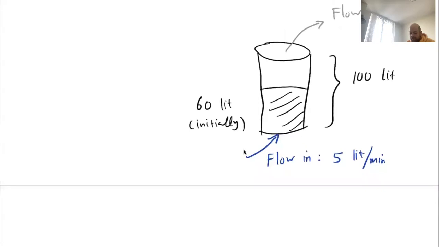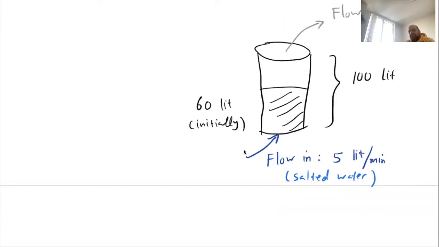The water that flows in is salted water though. I want to make sure, it's not pure water. Salted water flows in and then it's well stirred and then flows out.